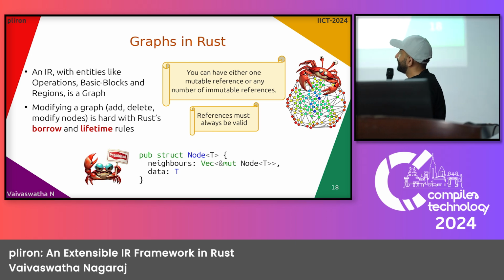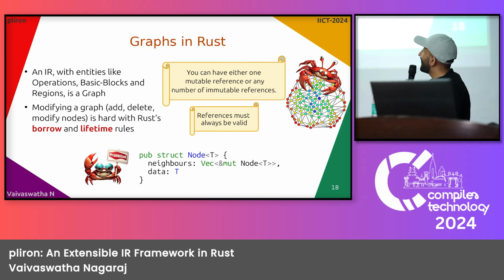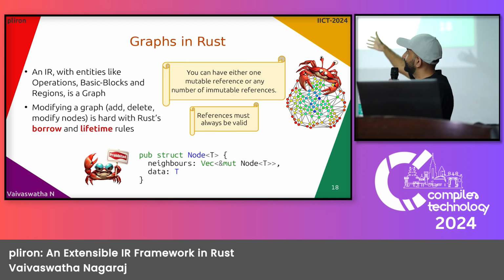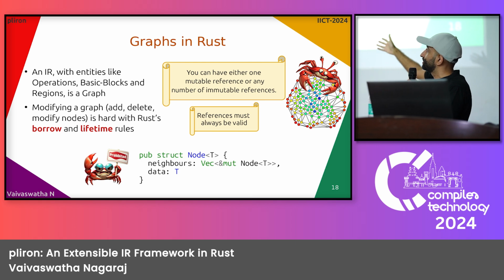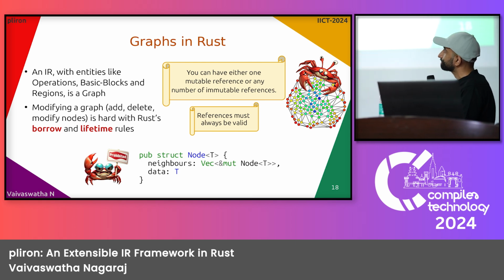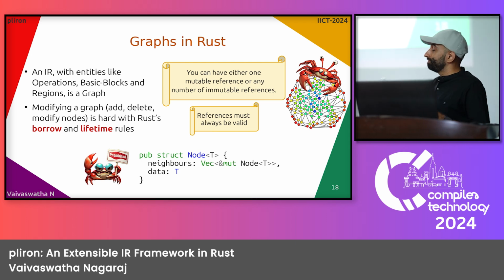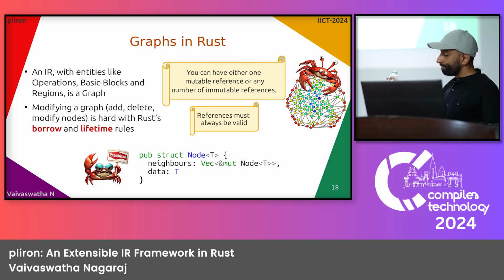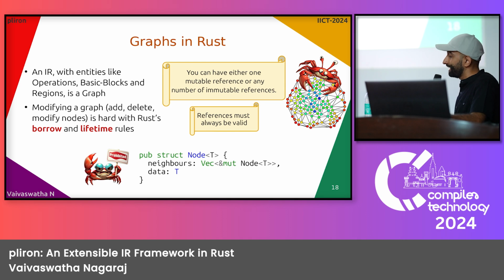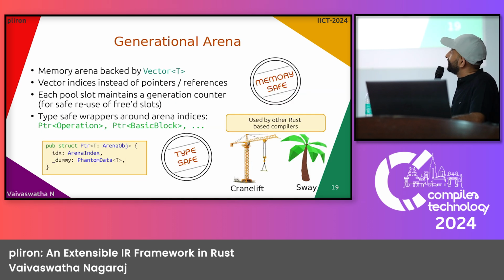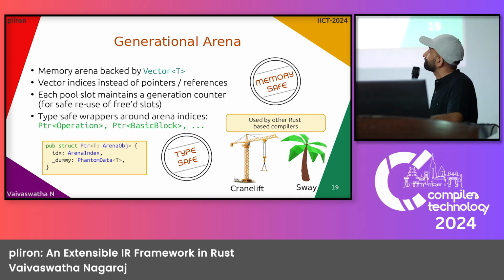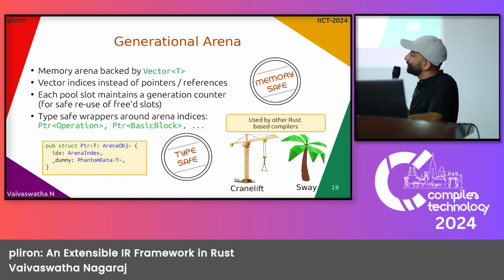But now the problem is that if you want to represent a graph with these constraints, it's hard. If you do something like how you would do it in C or C++, the compiler is just going to reject it. And what most Rust compilers do is use arenas. This actually came up in the Q&A on one of the talks yesterday. And in particular, pliron uses a generational arena.